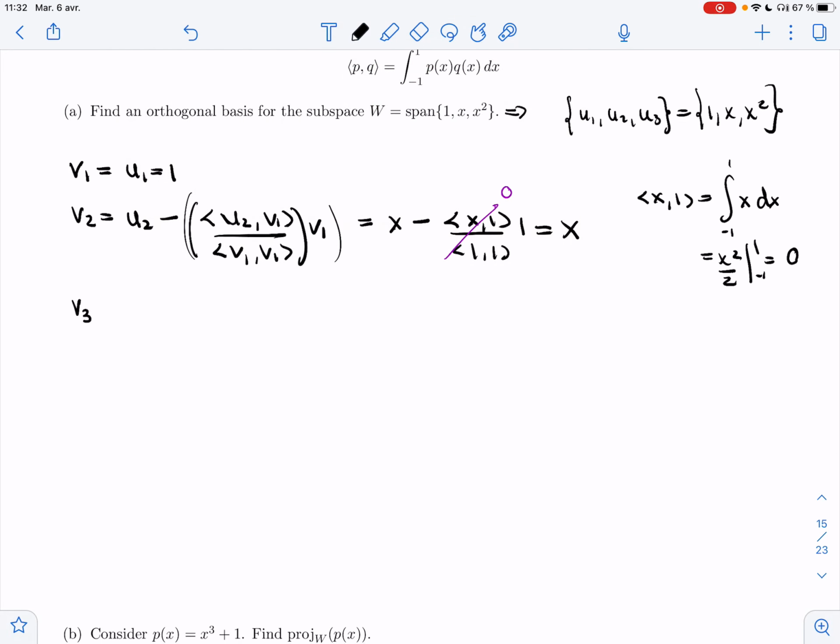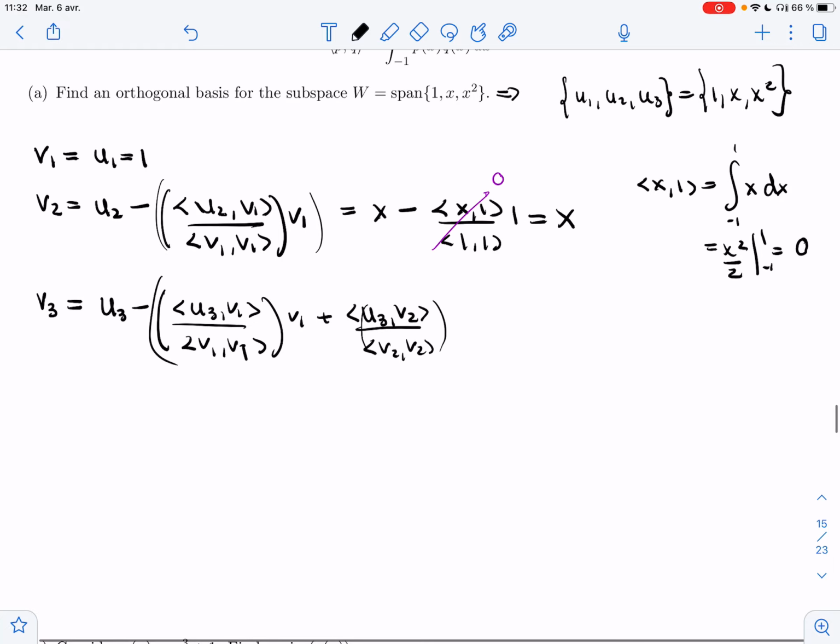Let's construct V3. That's going to be U3 minus the inner product of U3 with V1 over V1 with V1, times V1, plus the inner product of U3 with V2 over V2 with V2, times V2.